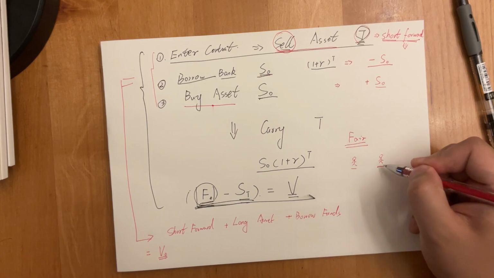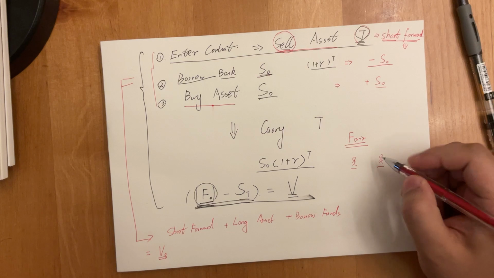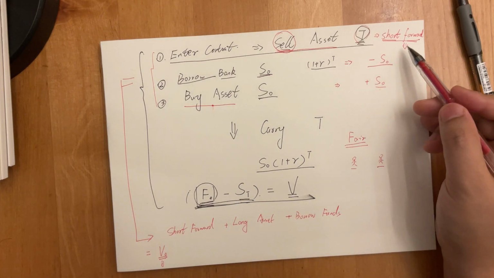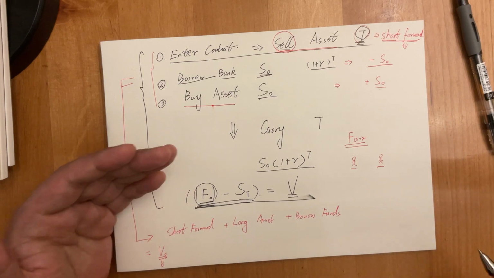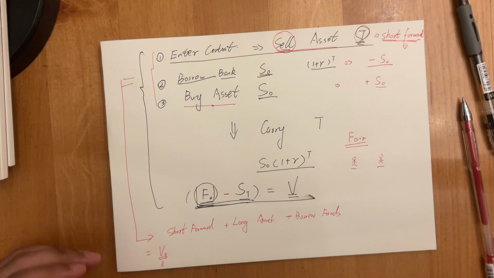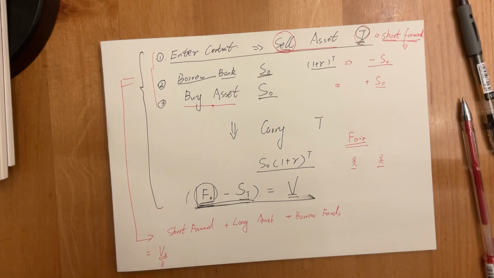These two enter into a contract because everyone thinks it is fair. If it is fair, the V0 should be 0. Because you short the forward, the other person will long the forward. You want to sell that asset, the other person will buy that asset at a specific time. They enter the contract because it is fair. So at time zero, for both parties, it will be fair, so the value will be zero.